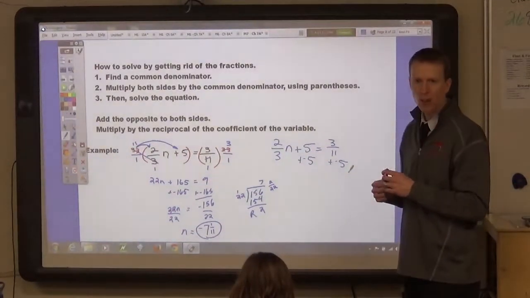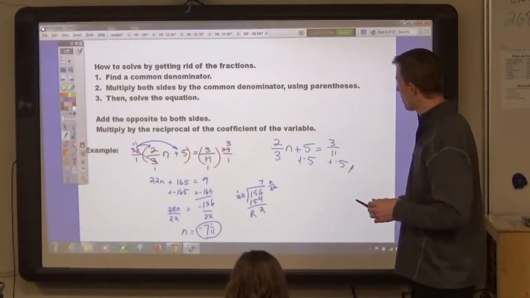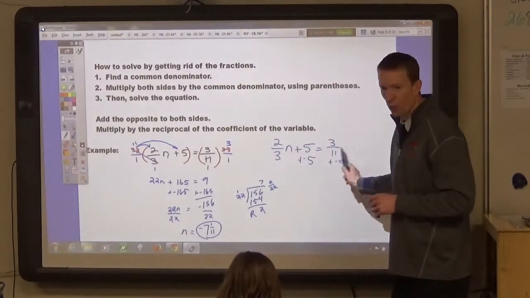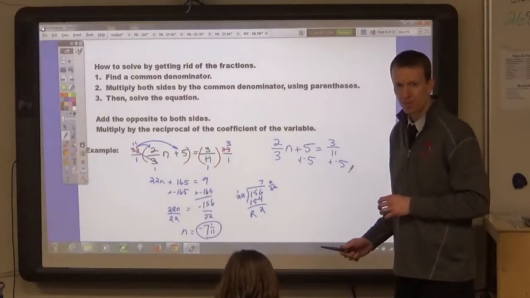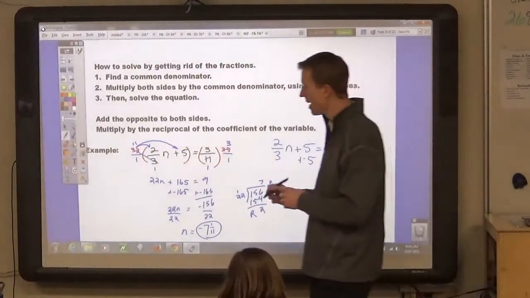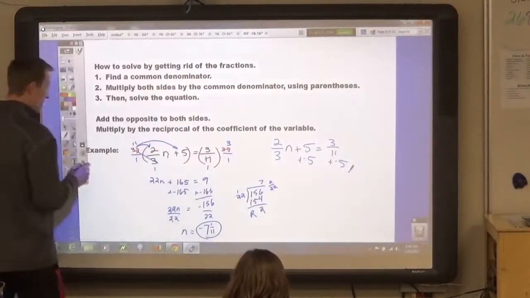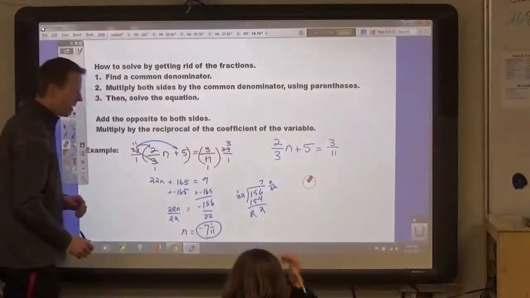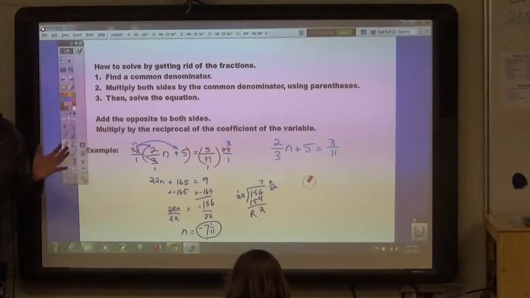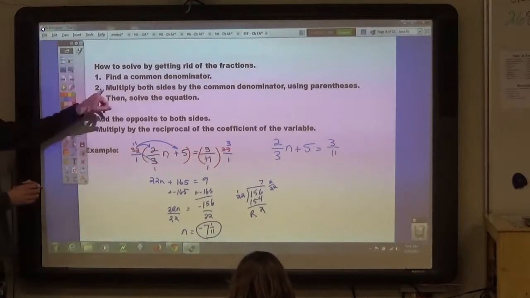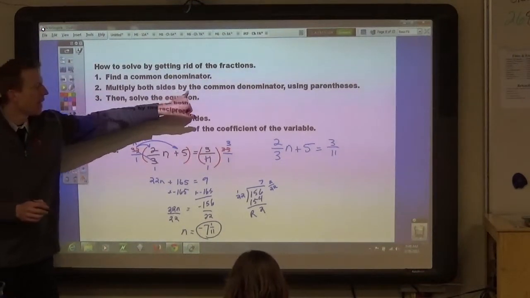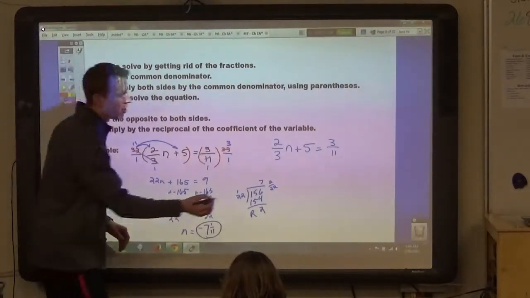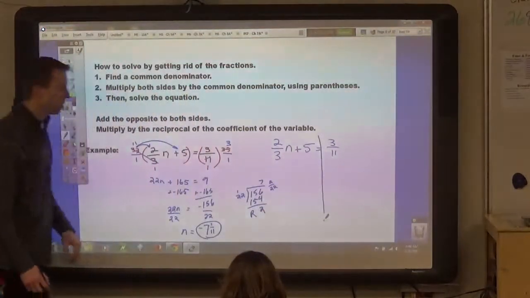All right, not too bad of a problem. But if we don't want to work with the fractions, maybe you've got a bunch of fractions you might have to add together, and that's kind of cumbersome. So we can get rid of these fractions altogether and just work with the whole numbers by multiplying both sides of the equation. So we've got our two sides here.